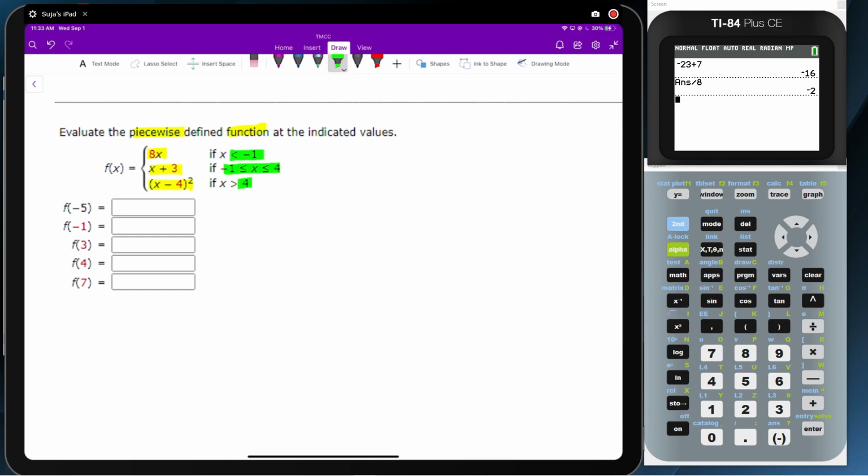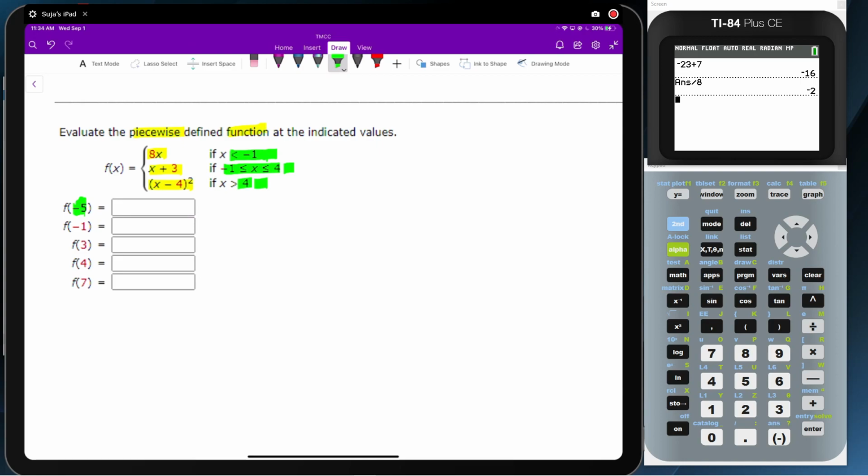So the first question here is, what is the value of the function when x is -5? First I need to decide where -5 is. Is -5 on the first piece, or the second piece, or the third piece? Whichever piece it belongs to, I will pick the corresponding function and plug it in.